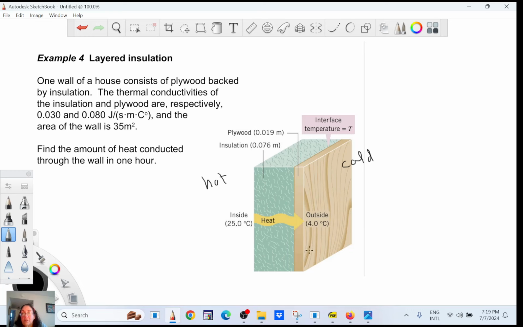And you're going to have Q over T flowing, and because it's continuous, it doesn't stop anywhere. The Q over T is going to be the same going through that layer and through that layer. It's the same rate at which the heat is moving.